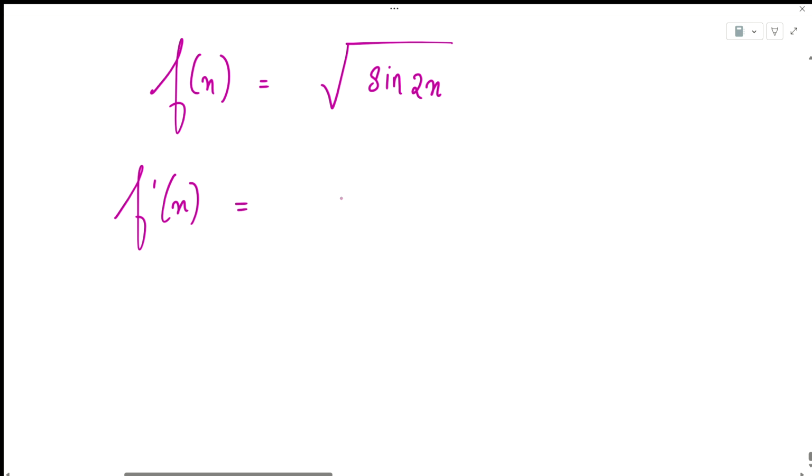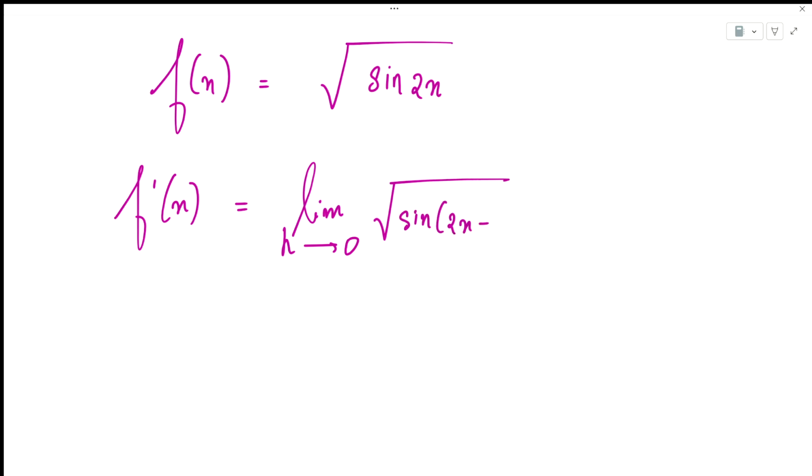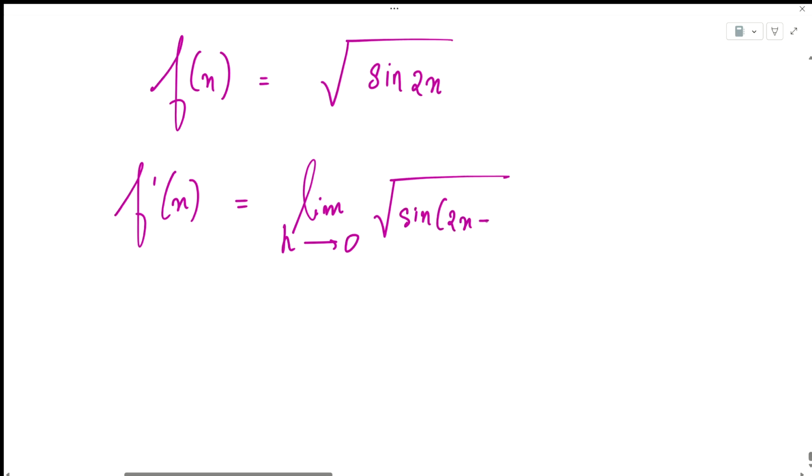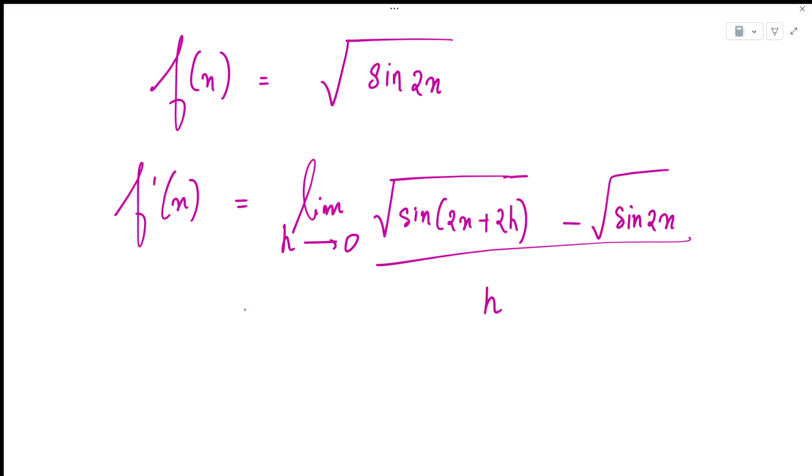F dash x is limit h tends to 0, square root of sine of 2x plus 2h, because if it is 2x, then 2 times x plus h will be 2x plus 2h, minus square root of sine 2x, and on the bottom I have this h over here.